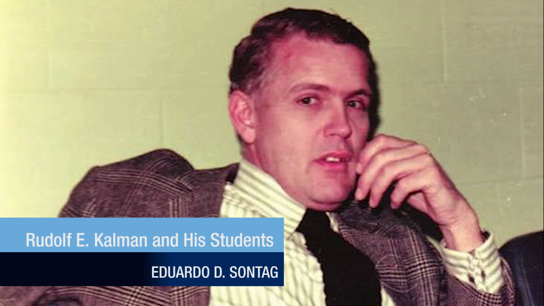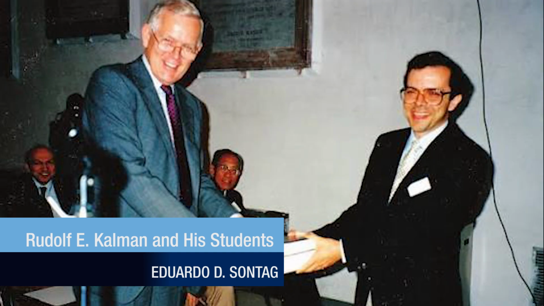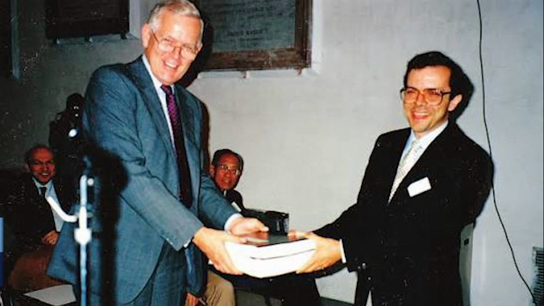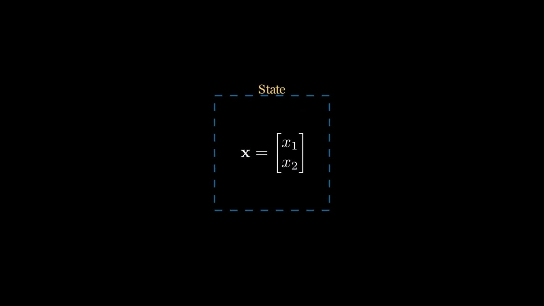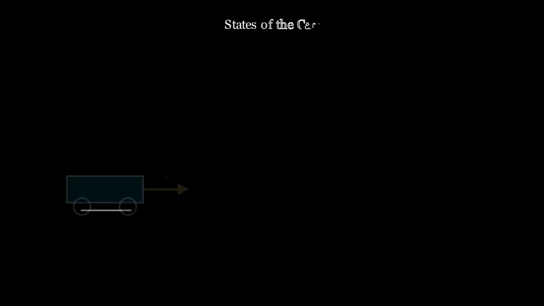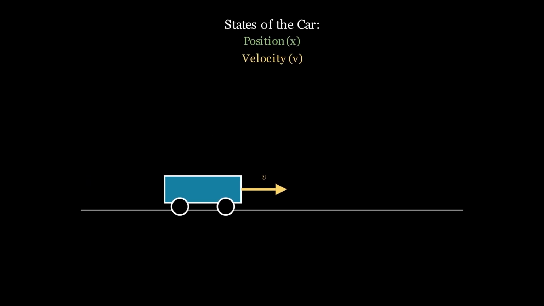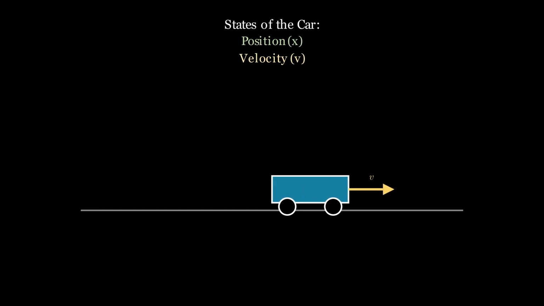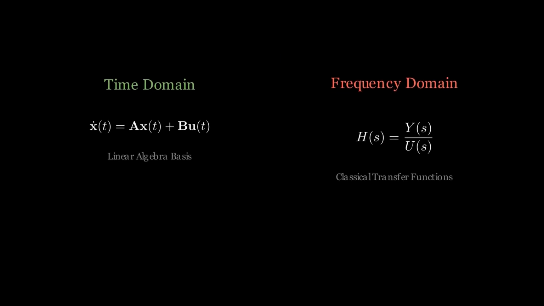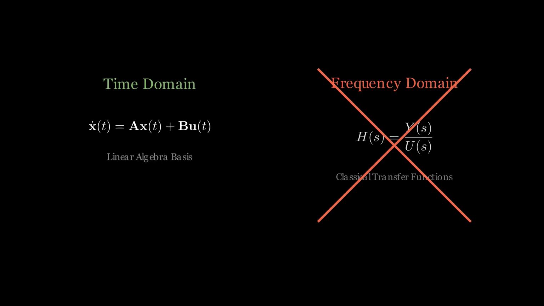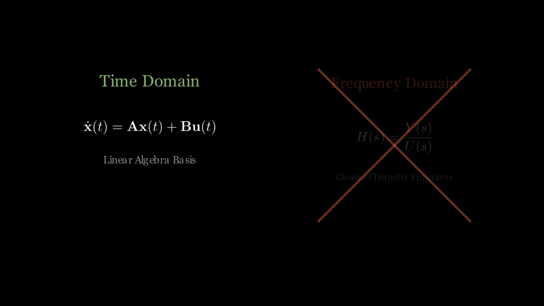Around 1960, a brilliant mathematician and engineer named Rudolf Kalman changed everything. He basically said, let's open the box and describe what's inside, calling it the state. For example, in a moving car, the states could be its position and its velocity. Thanks to him, now we can use linear algebra in the time domain, so there's no need to transfer into the frequency domain anymore.